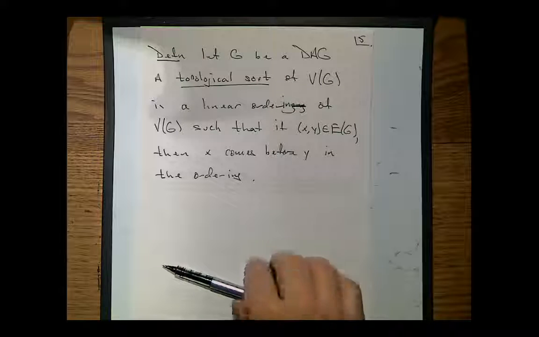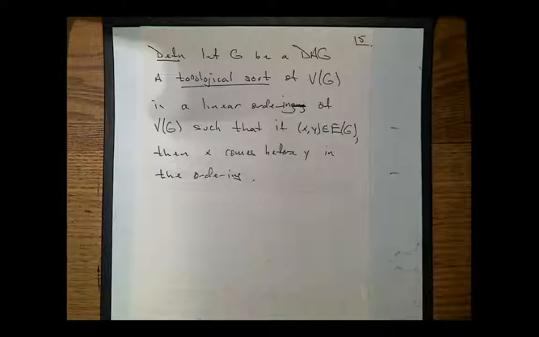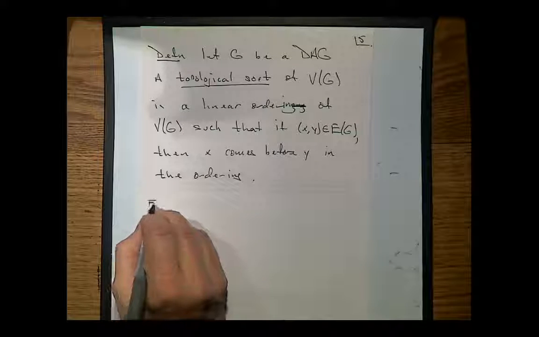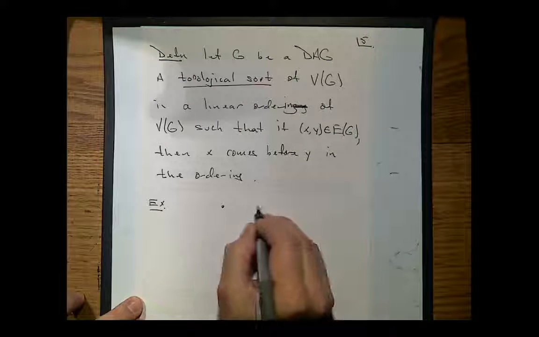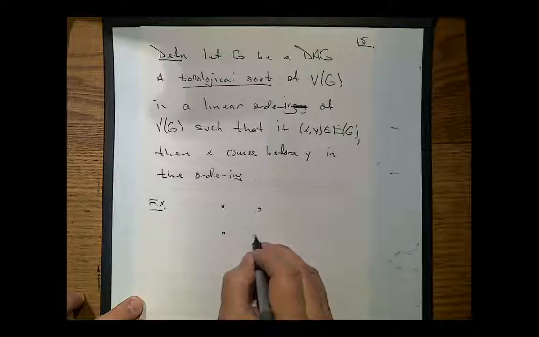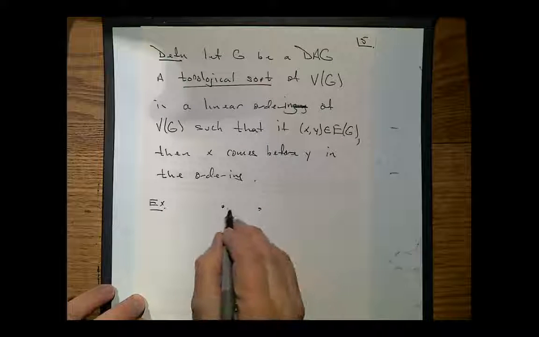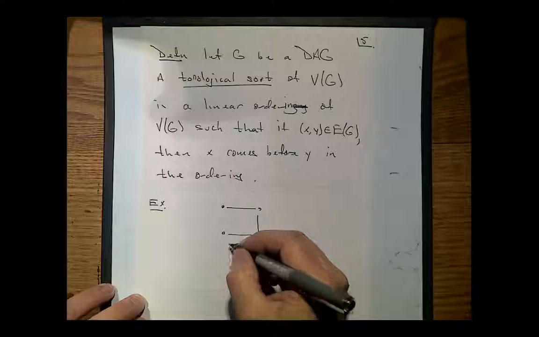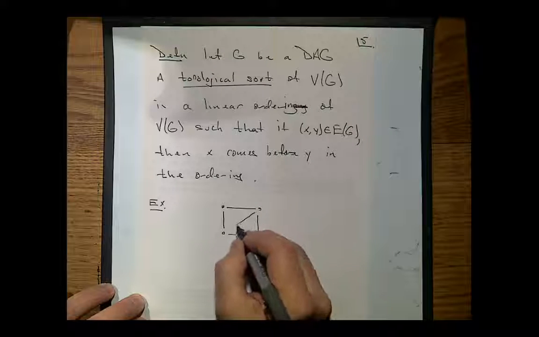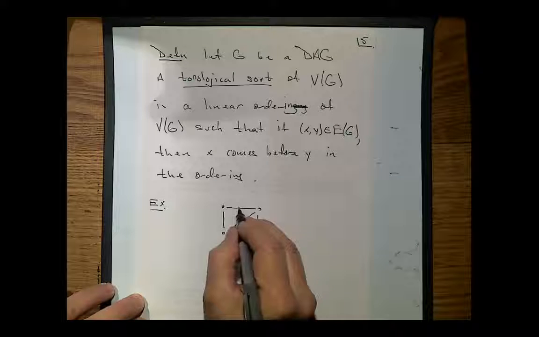In fact, every DAG admits such an ordering. I won't prove that, but I think it's fairly obvious. For example, here is a DAG. You verify that it is a DAG, that is, that there are no directed cycles. There's the underlying undirected graph. Here are the directions.